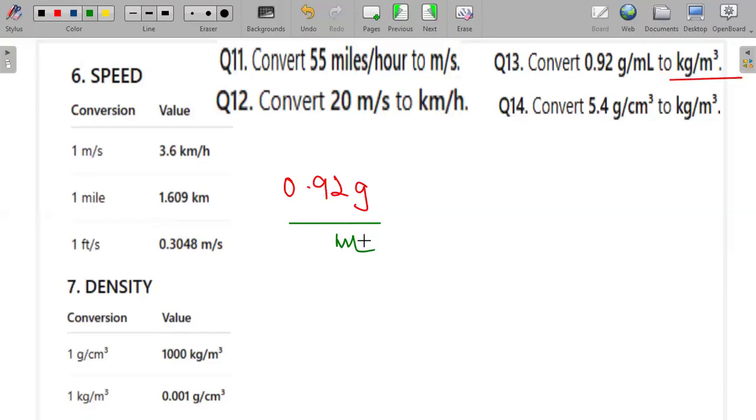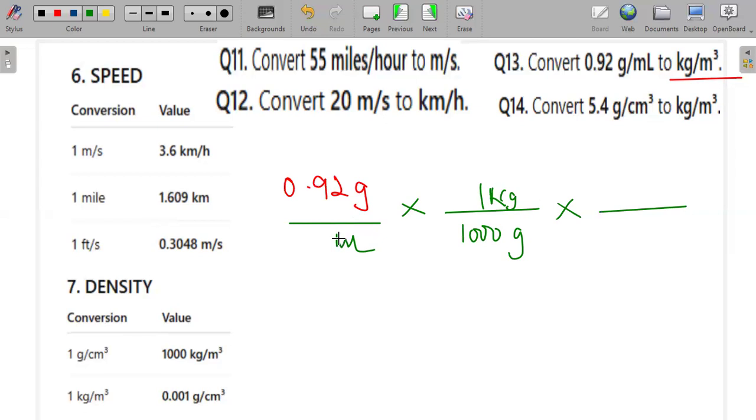Milliliters. Then I'm going to multiply by, first I convert the grams to the kilograms. So 1000 grams is the same as 1 kilogram. Then multiplied by a line. I want to cancel out this milliliter.